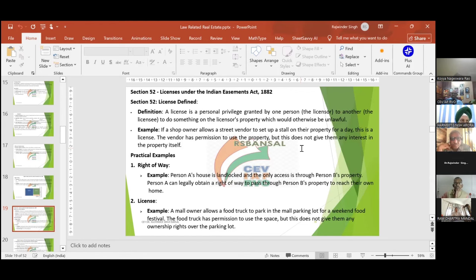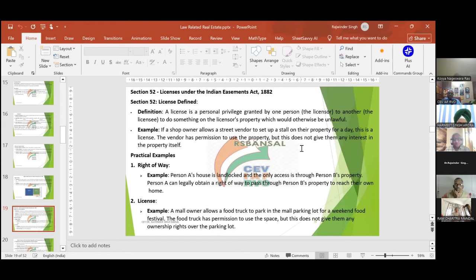So the first thing you must understand is what is a license. A license is a personal privilege granted by one person, who is called a licensor, to another person, who is called a licensee, to do something on the licensor's property which would otherwise be unlawful.